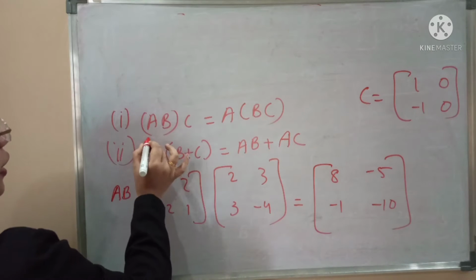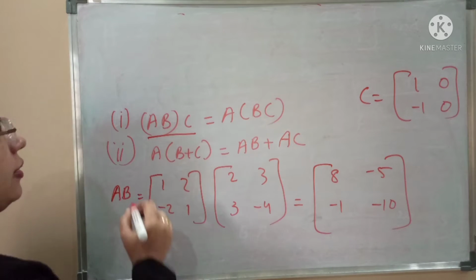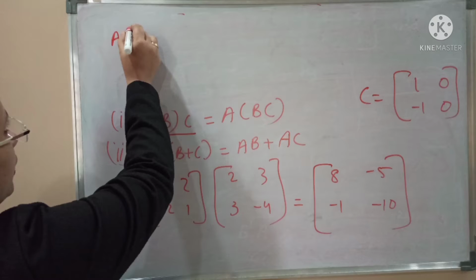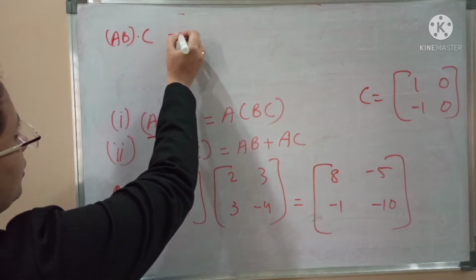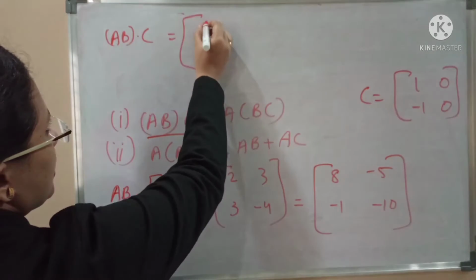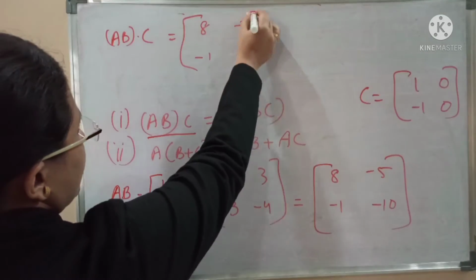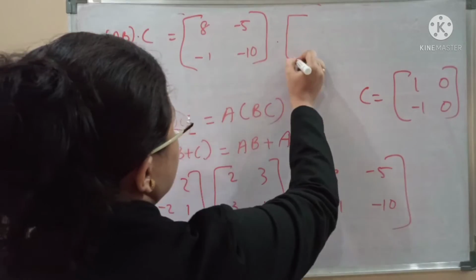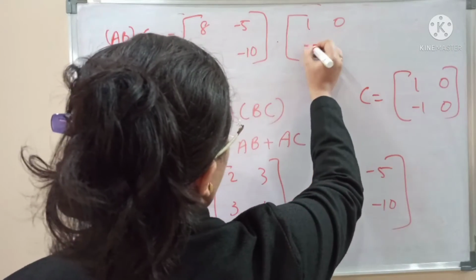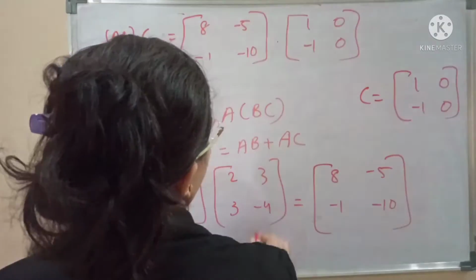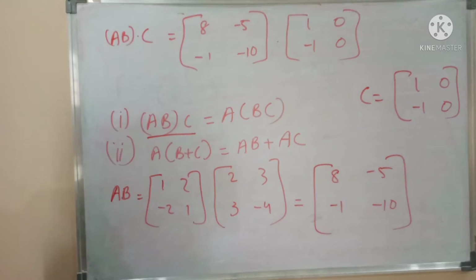Next we need to find out AB into C, right? So AB we already got, into C. So AB is 8, minus 5, minus 1, minus 10, into C is 1, 0, minus 1, 0. Okay, so let's check the answer.